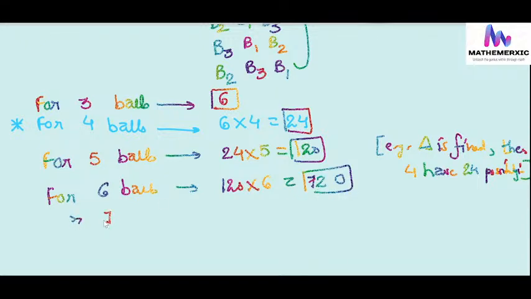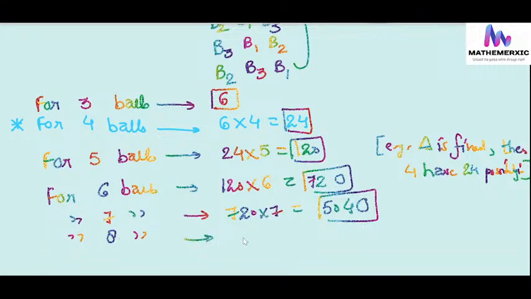For 7 balls we have 720 into 7, that is 5040. For 8 balls, we have 5040 into 8, that is 40320. Okay, it's a very big number now.